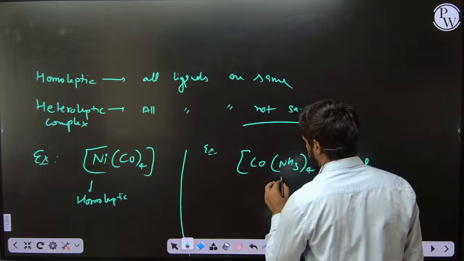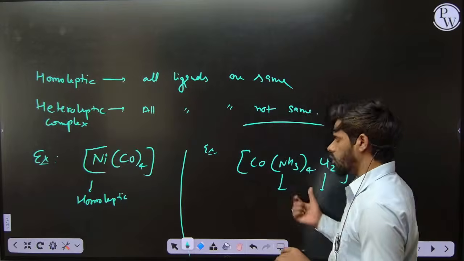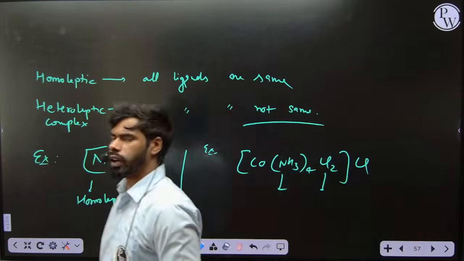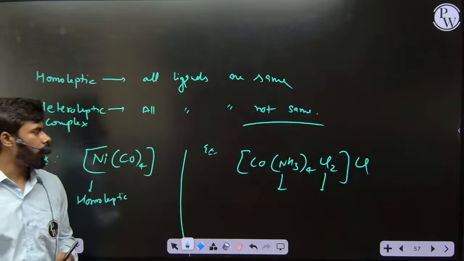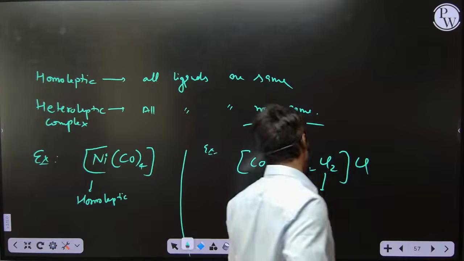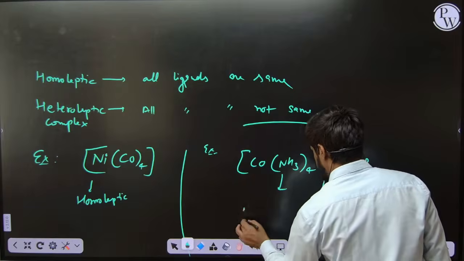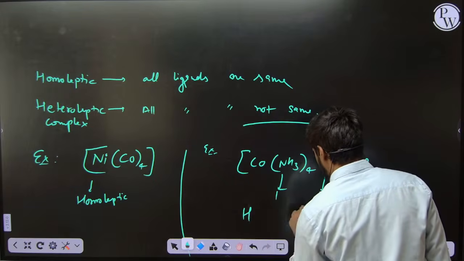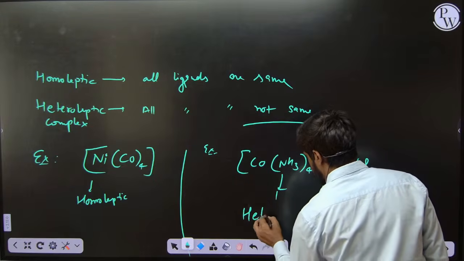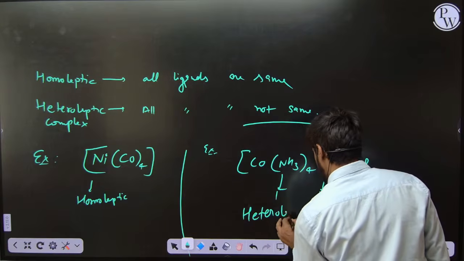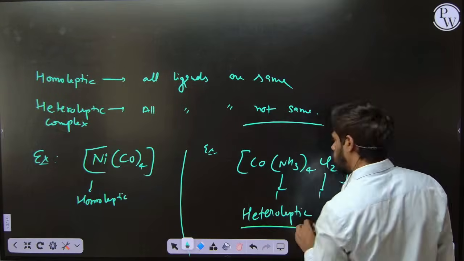So this is heteroleptic, as there are two types of ligands. One is ammonia, and the other is chlorido. So since two types of ligands are there, it is known as a heteroleptic complex.